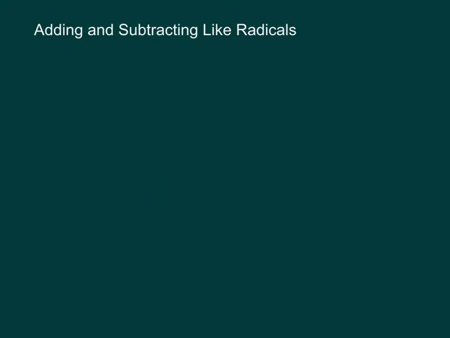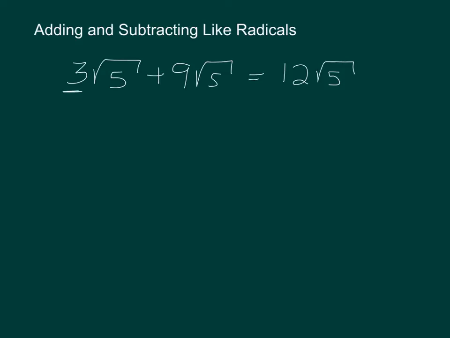When we add and subtract like radicals, it's very much like adding and subtracting like terms. So if I have 3 radical 5 plus 9 radical 5, I'm going to get 12 radical 5. So I'm just adding these numbers here.